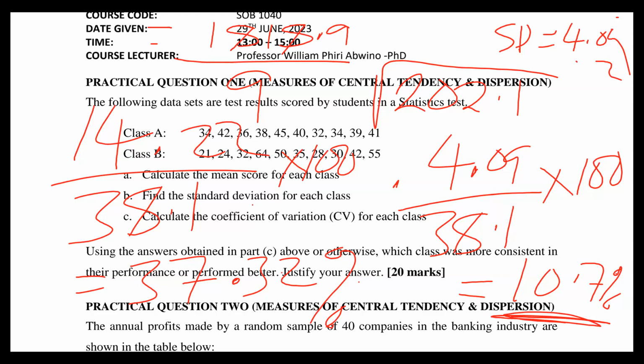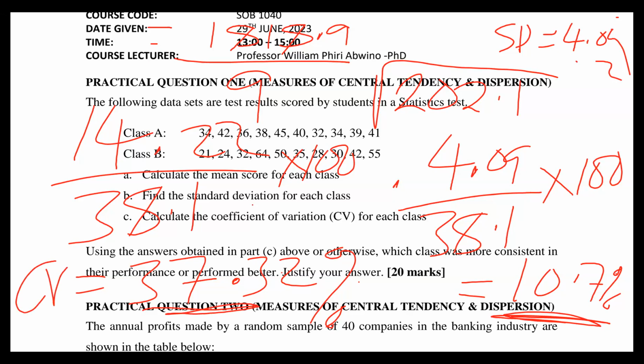So if the coefficient of variation is bigger, there was a lot of spread around the average score, and the class was not consistent.